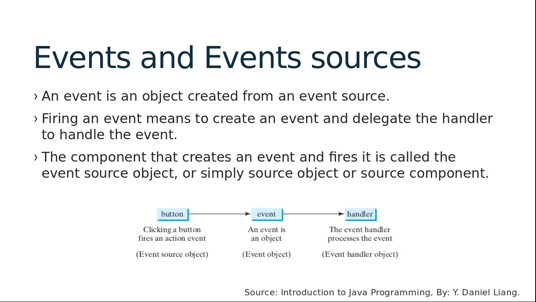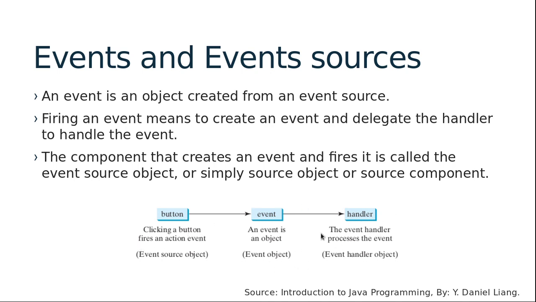So an event is nothing but an object in terms of a program. So for every event, we create an object, and those objects will be based on the event source. If a button has been clicked, then the event source will be the button object, and from that button object we create an event object. So look at this example here in the bottom of the slide.